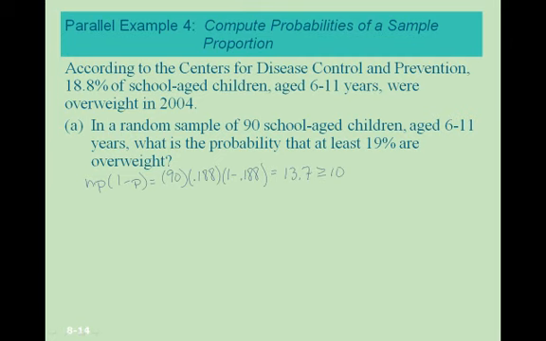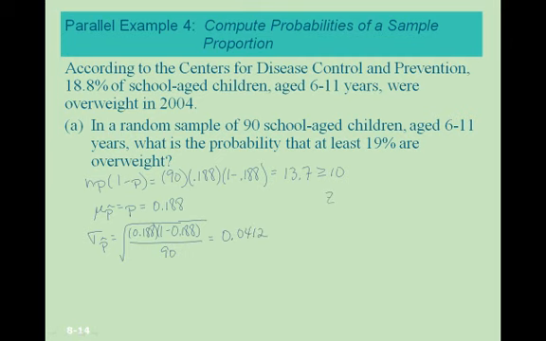So that means that p hat is approximately normal with a mean equal to p, which is equal to 0.188, and a standard deviation equal to the square root of 0.188 times 1 minus 0.188, divided by 90. And this will give us about 0.0412.